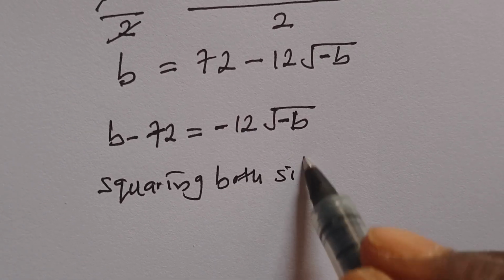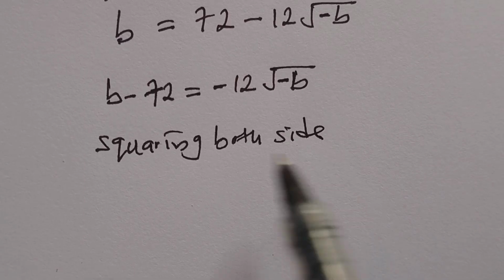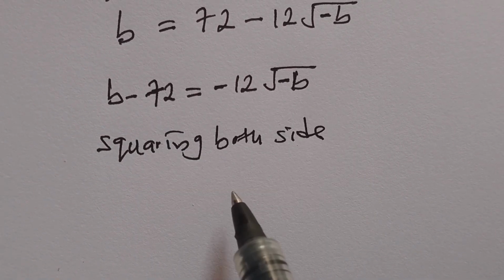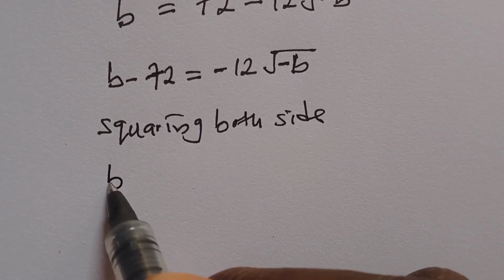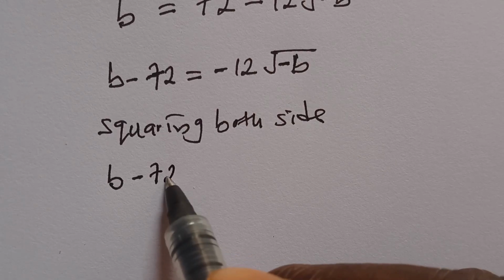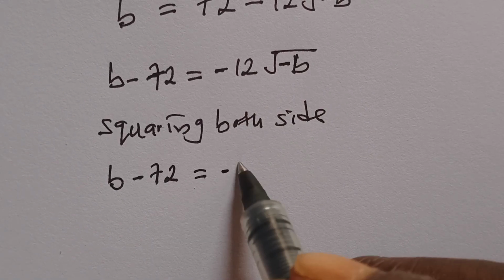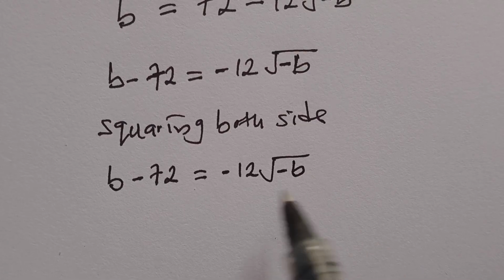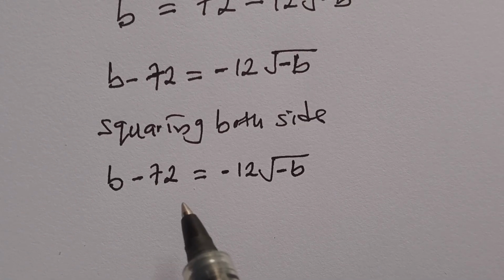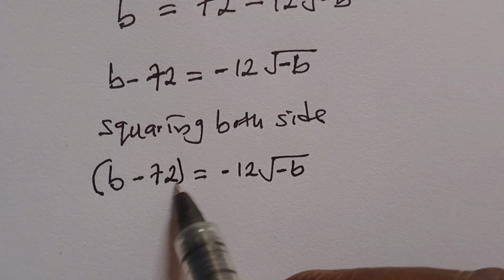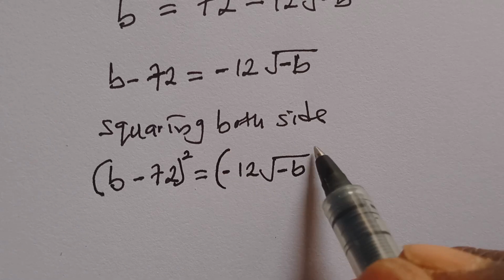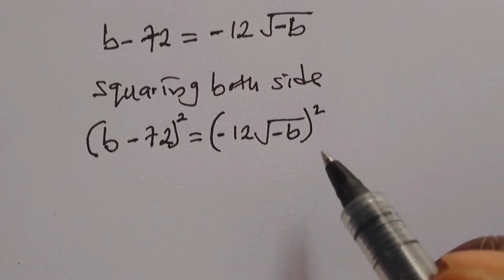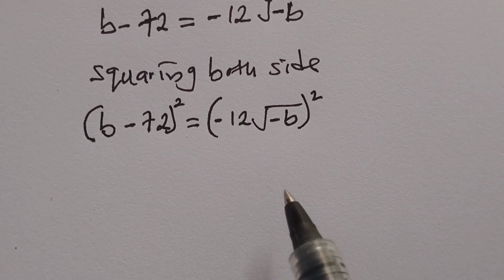So b minus 72 is equal to minus 12 square root of minus b. Now, squaring both sides, we apply the square to both sides.